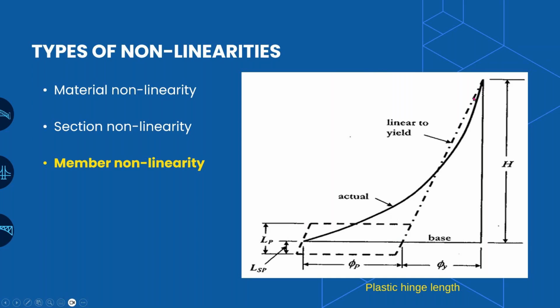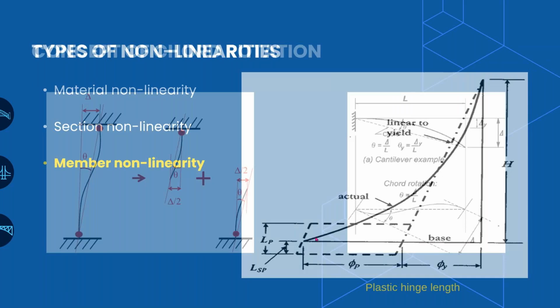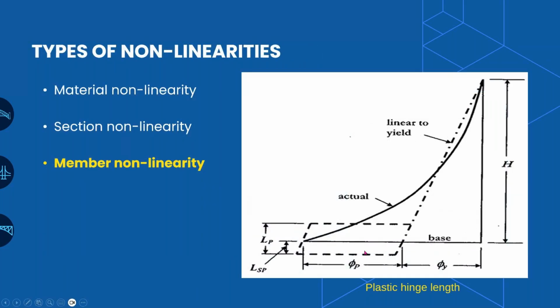The point at which this linear yield line intersects at the base is called phi y, which is my yield curvature, and everything after that we call the plastic curvature, and the total phi y plus phi p is basically our ultimate curvature in that case. Now the length LP, as I said, is computed on an experimental basis.